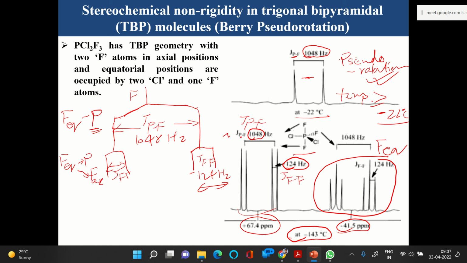You have two axial fluorines, so there will be one more splitting in addition to this. Do you understand what we are doing? Do you understand it?